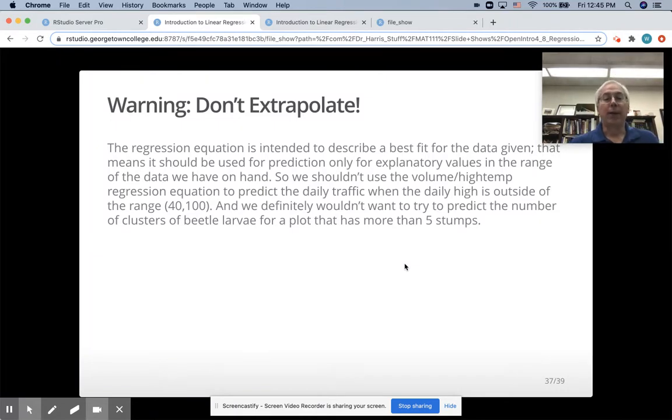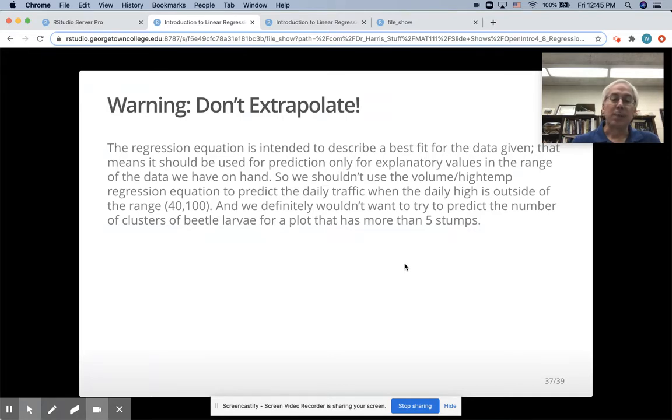One little bit of warning here. The regression line is meant only to describe the nature of the relationship between the explanatory and response variables over the range of explanatory values that you see in your data set. And so we wouldn't want to use this line to predict volume on days whose temperature was outside the range of the temperatures that are in the data set, which is approximately 40 degrees to 100 degrees.